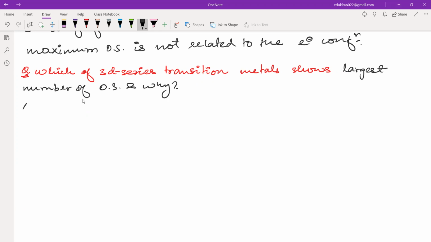So the answer will be manganese. Okay, and why?